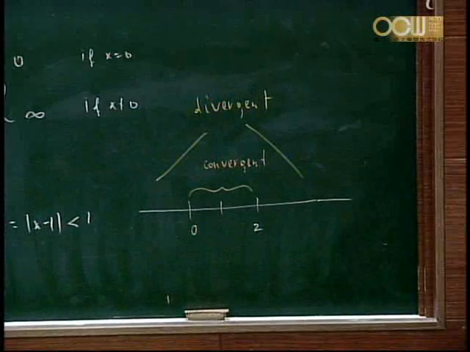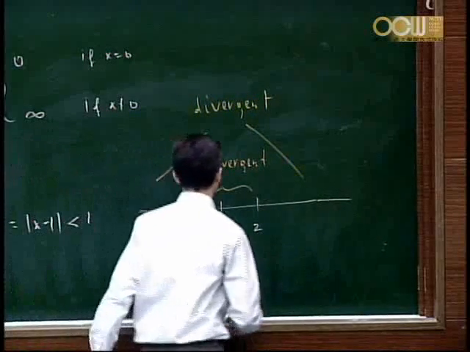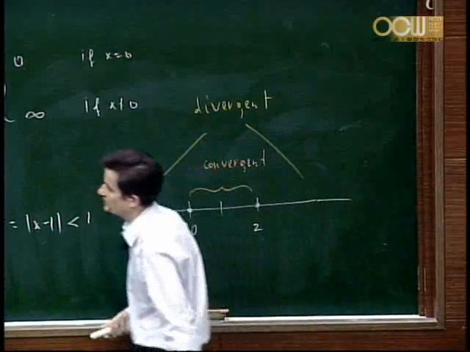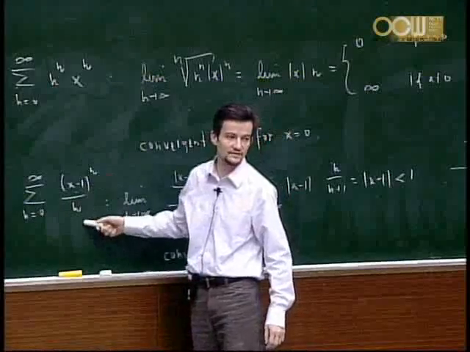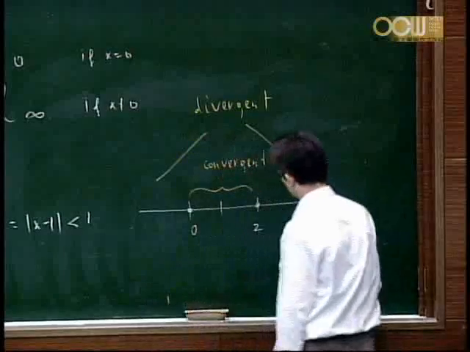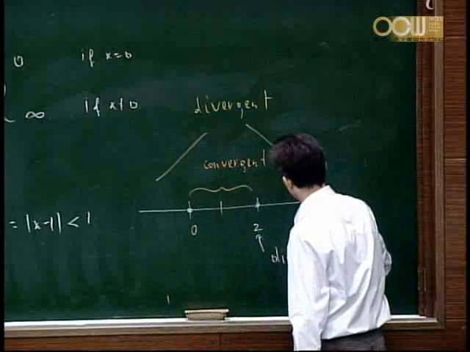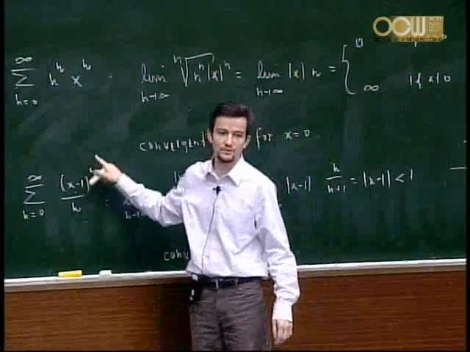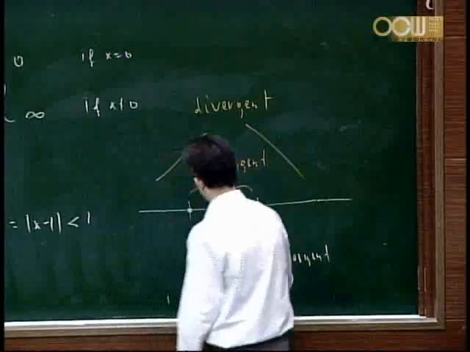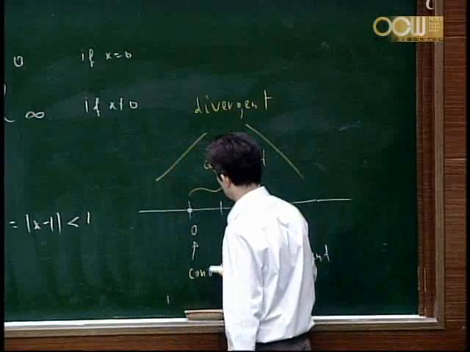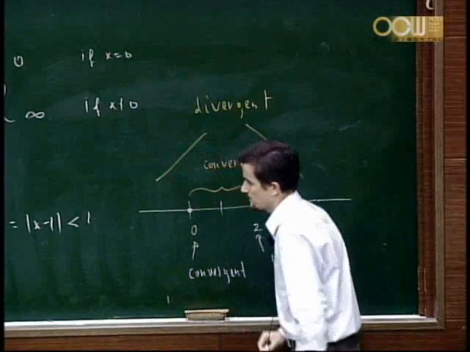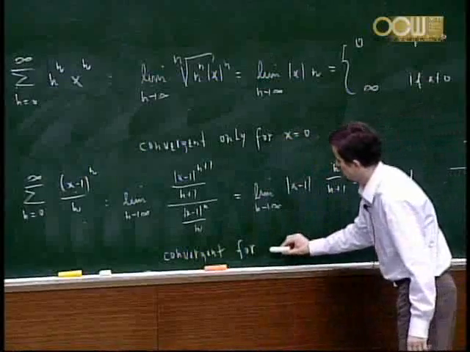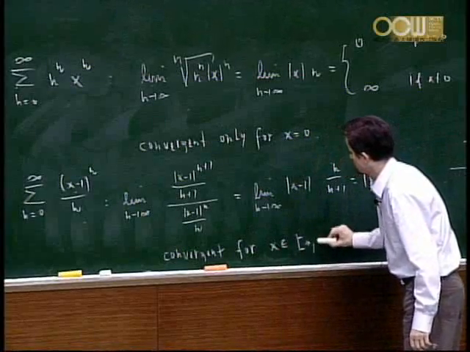And there are two cases which are left to check, because from the ratio test we learn nothing about those 2 points here, 0 and 2. If we plug in x is equal to 2, we get 1 over n. So here for 2 also divergent. And if we plug in x is equal to 0, we get minus 1 to the n over n. And because of the alternating series test, here convergent. So you see that this power series is convergent for x in the half open interval from 0 to 2.